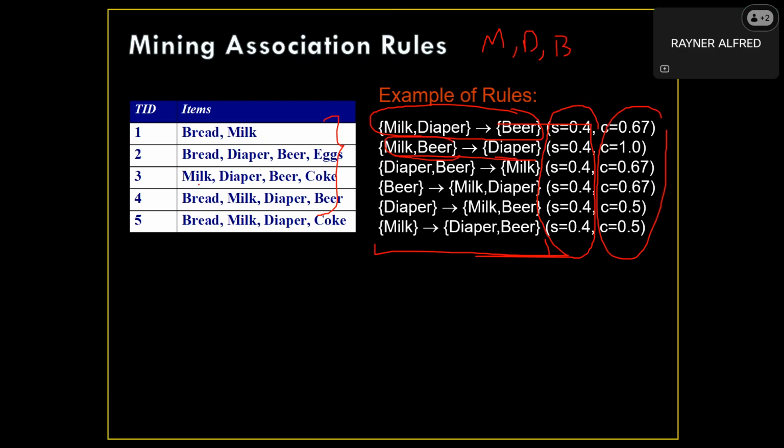So beer and milk, we have two, and then the other one is 2 over 2. So that's why we have one here. So this is a very strong rule. Normally we will do the ranking based on the confidence, and after that the support.